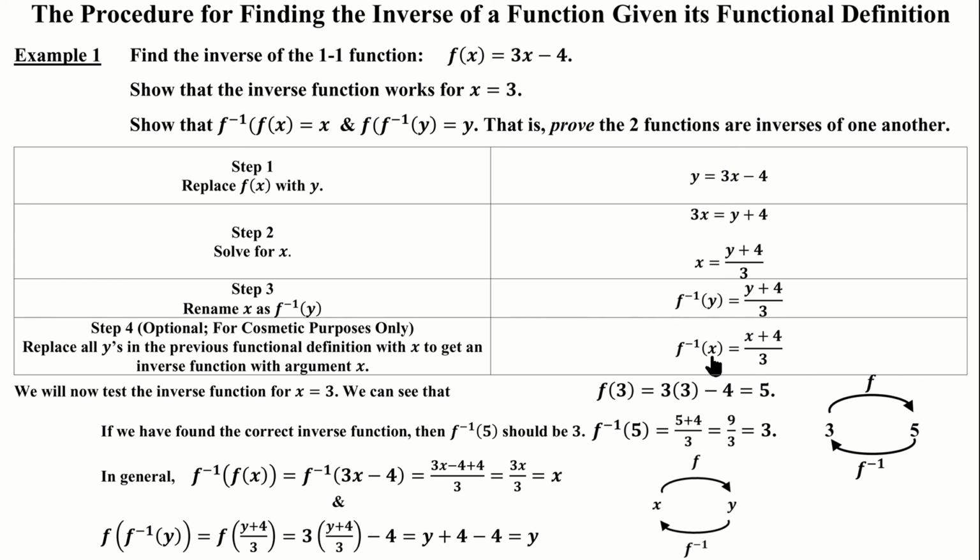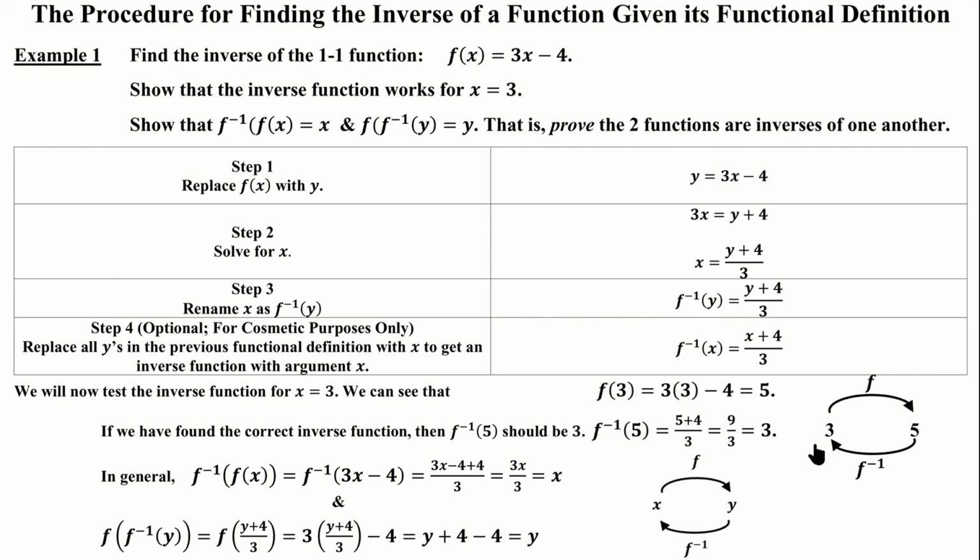So wherever you're seeing x, you're just basically replacing it with 5. And notice we end up with 3 as we were hoping, because remember, f sends 3 to 5. So f inverse should send 5 to 3. And it did. So this was a nice demonstration that we're more than likely in possession of the right inverse.